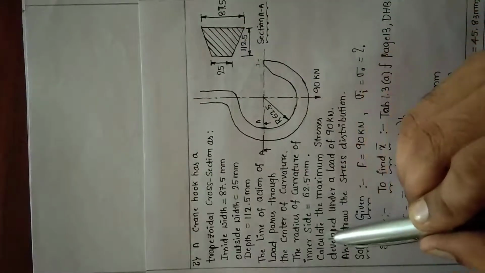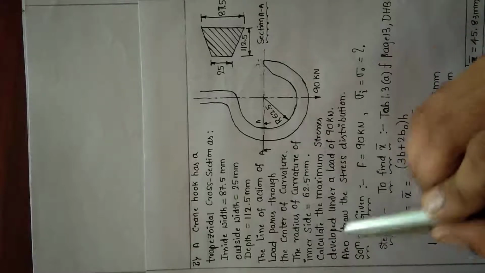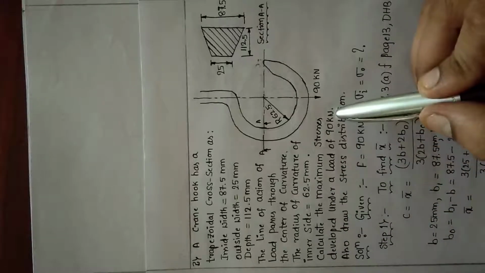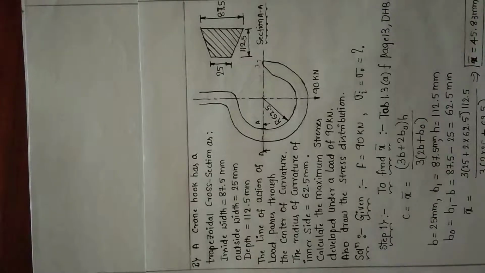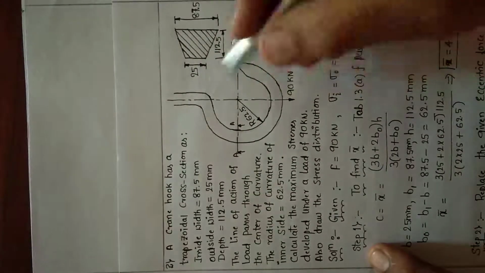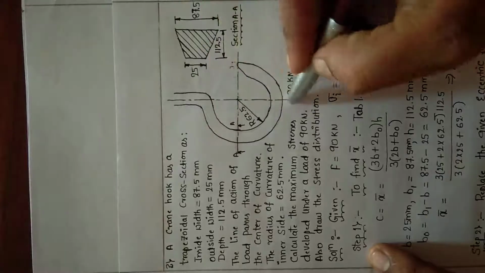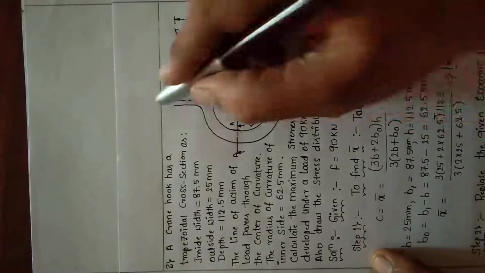Then he asks to calculate the maximum stresses developed under a load of 90 kilonewton, and also to draw the stress distribution. So we need to find the stresses induced in the member, and also draw the stress distribution. Observe carefully that the radius of curvature and the application of load are on the same line.